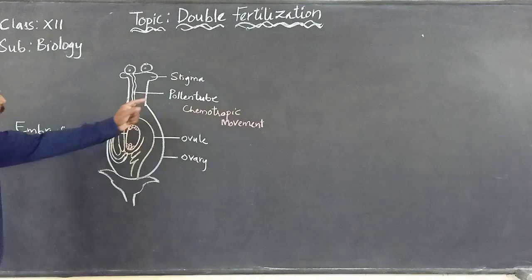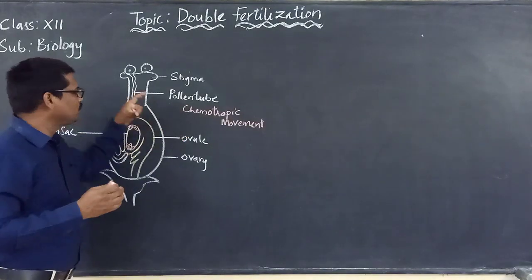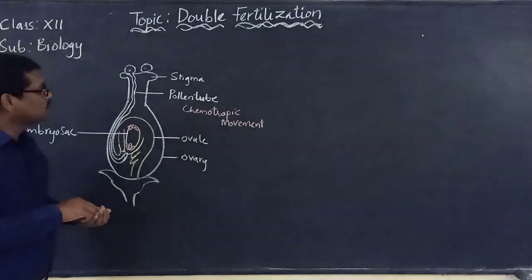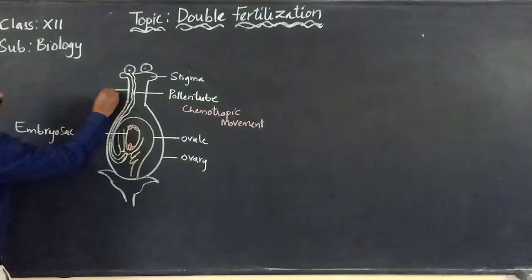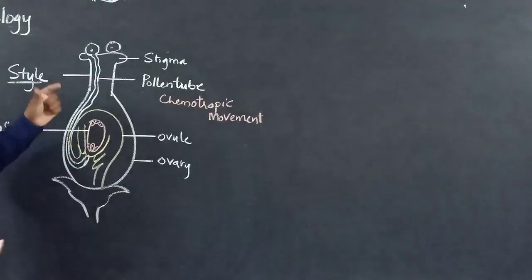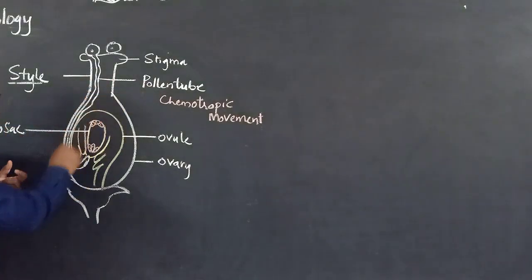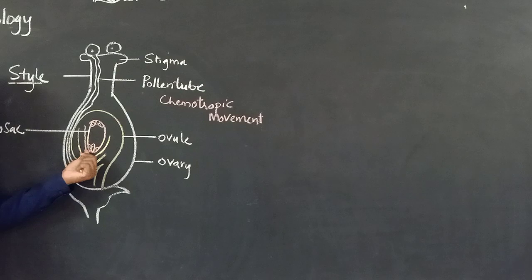It means that the pollen tube is under the control of different types of chemicals produced in the stigma and also in the style. This long cylindrical tube is the style. Inside the style, various chemicals are produced to attract the pollen tube to grow and elongate to reach the ovule.